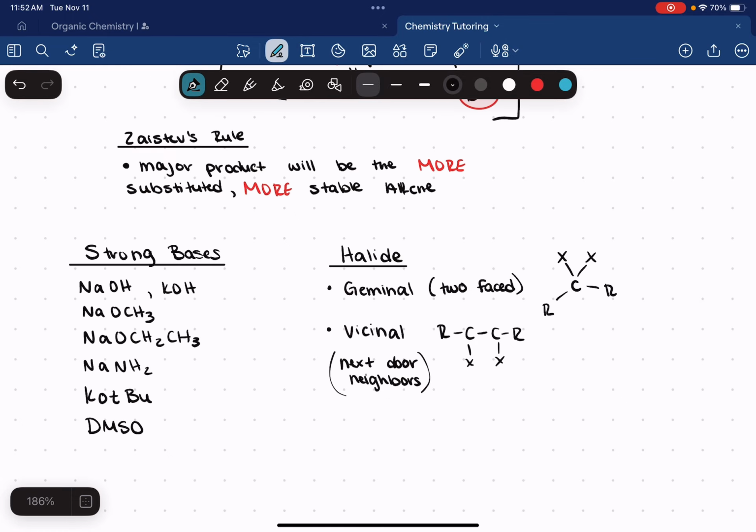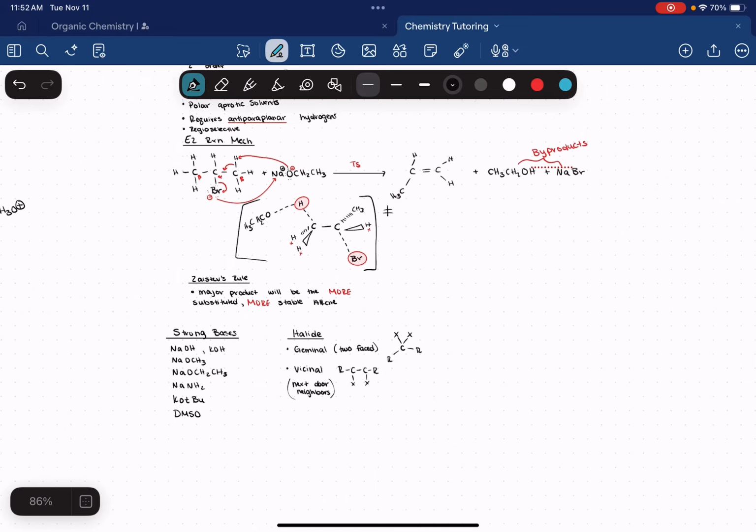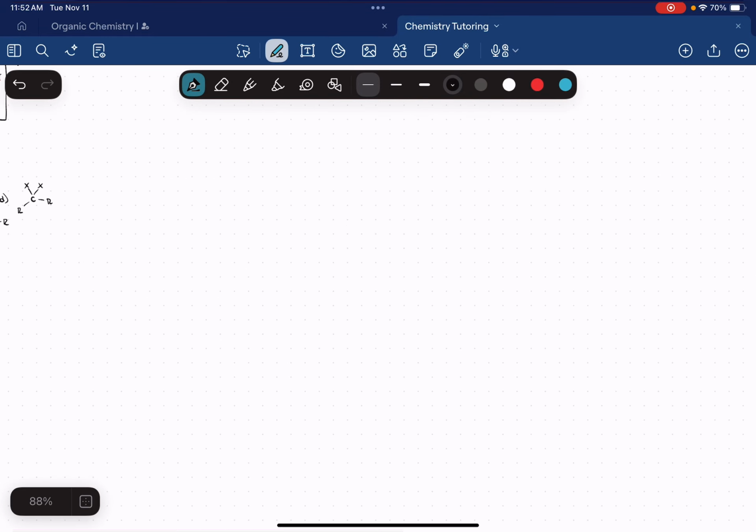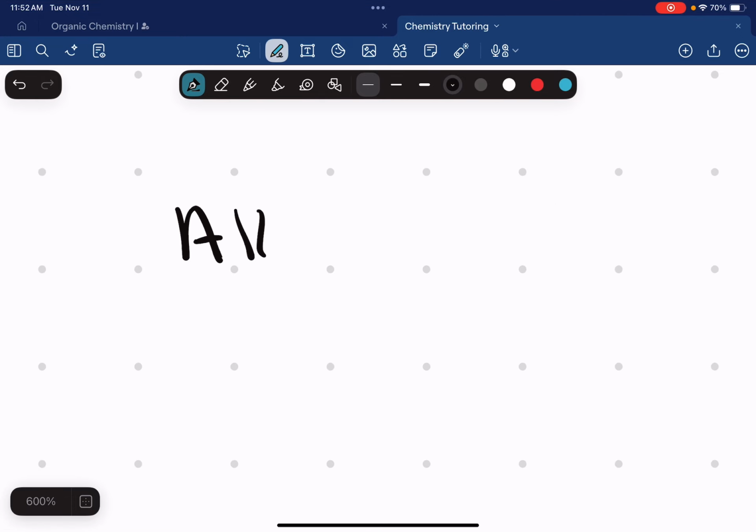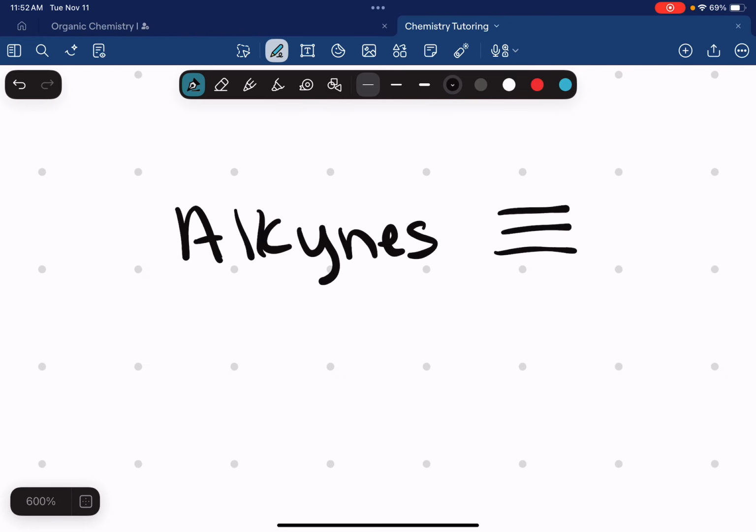All right. And then you have a little bit of alkyne, right? Just move over here. You got stuff about alkynes in this chapter as well, which is just triple bonds, right?